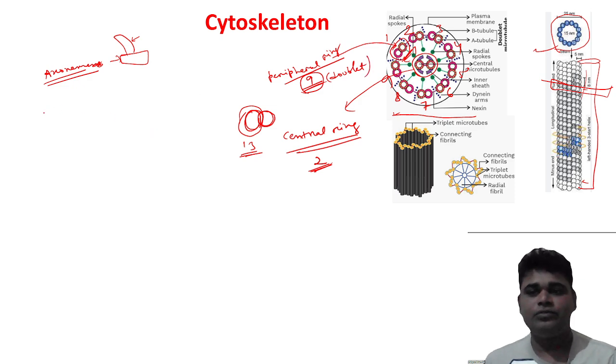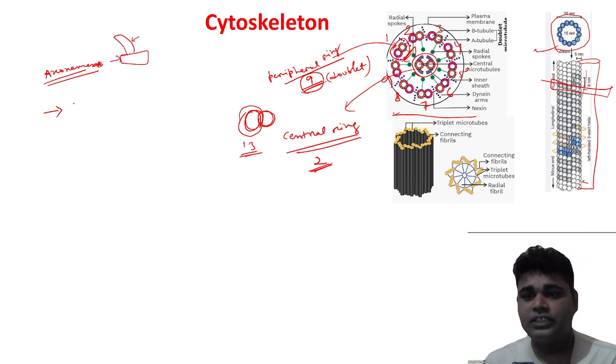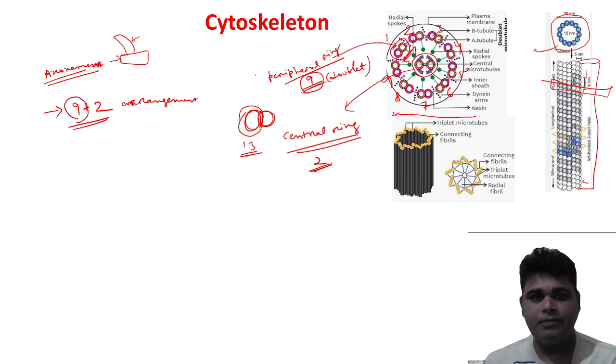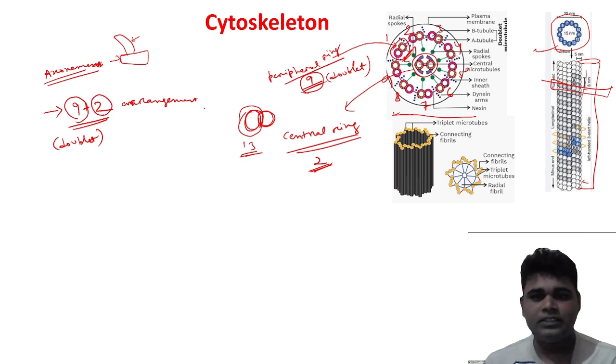So the axoneme structure is designated as a 9 plus 2 arrangement. What is the 9 plus 2 arrangement? 9 means in the peripheral structure, 9 microtubule structures are present, which are doublets. But the 2 means single structures, present twice.